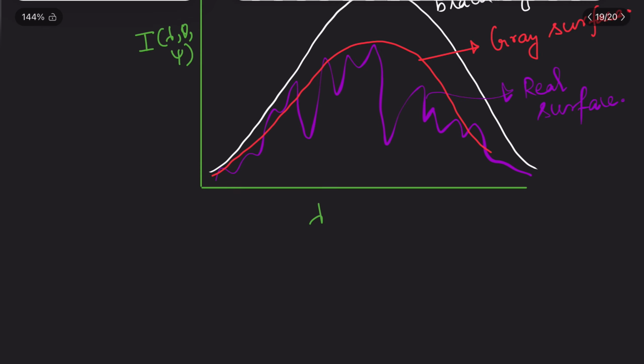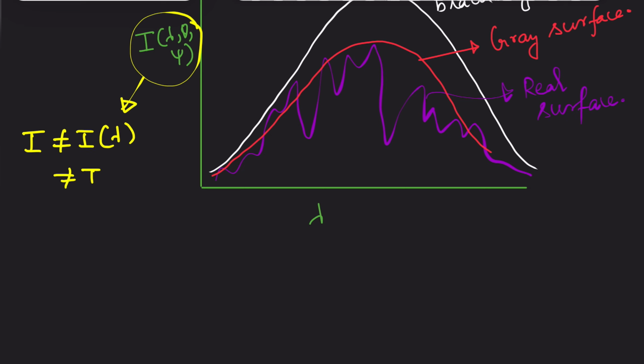Only if I tell you that the radiation intensity for this particular source is of gray nature or diffuse nature, then the intensity is not a function of lambda, theta or psi.